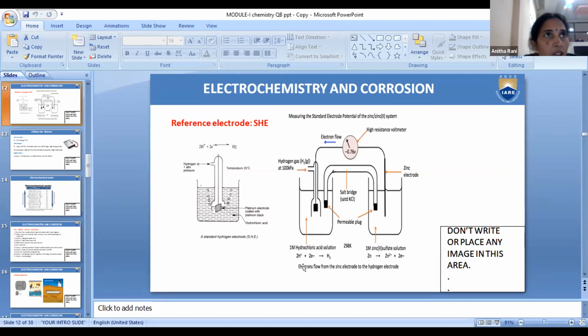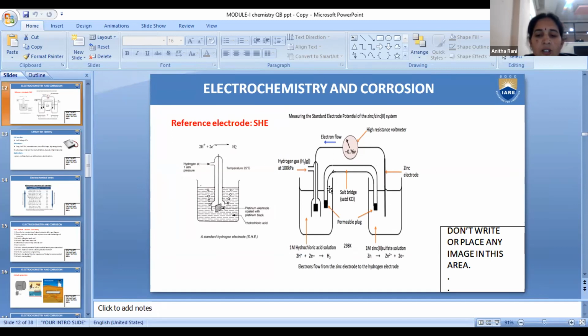The 2 electrons are gained by hydrogen: 2 H+ ions are reduced to hydrogen gas. So to find out the zinc electrode potential we are connecting to the standard hydrogen electrode.